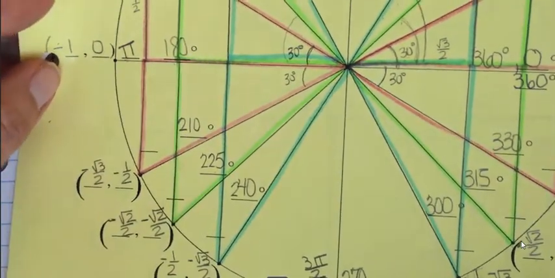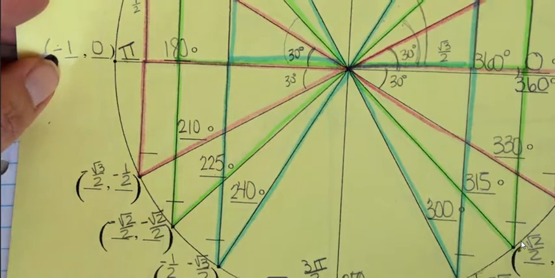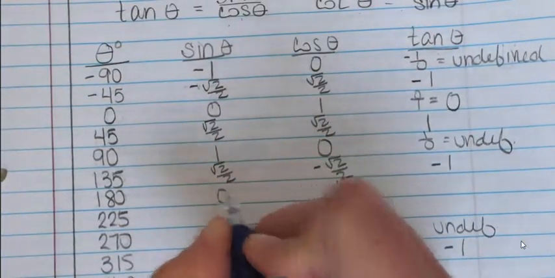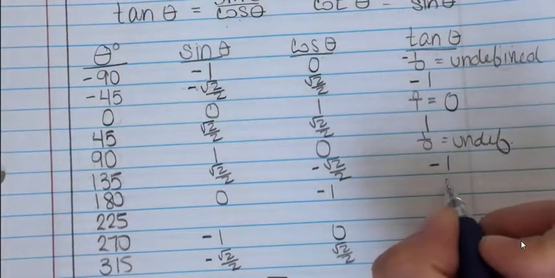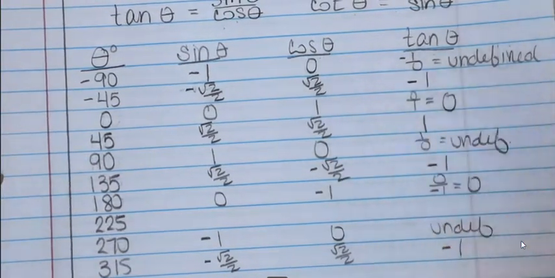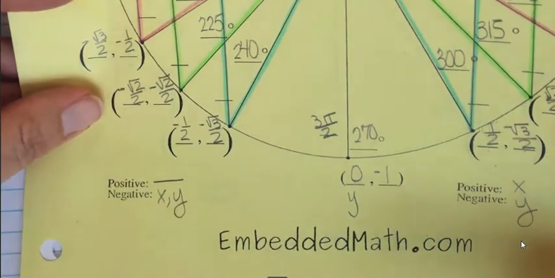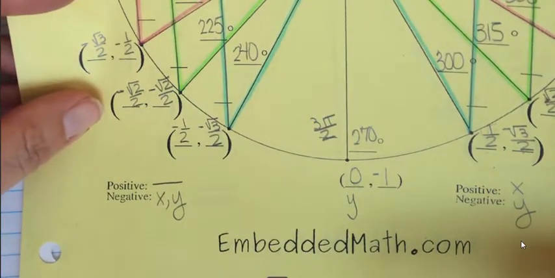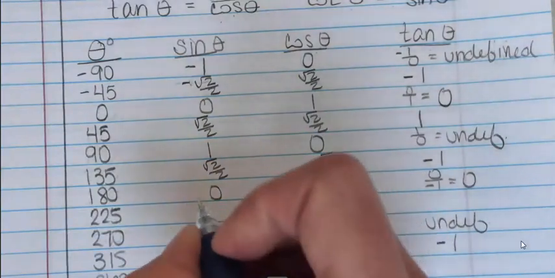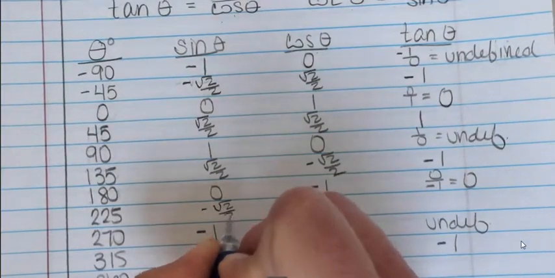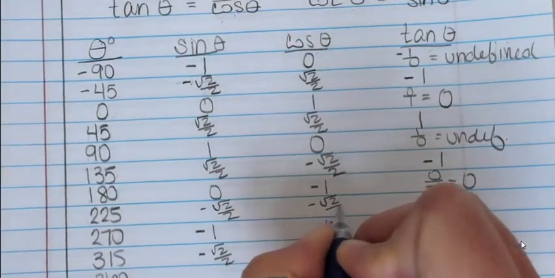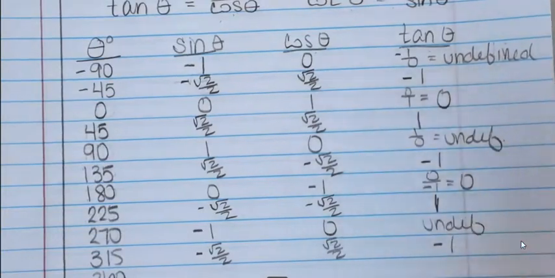At 180, cosine is negative 1, sine is 0. And again, 0 divided by a negative 1 is 0. I can do that. All right, 225 down here. Both values are root 2 over 2, and they're both negative. So I'm going to end up with a positive 1.